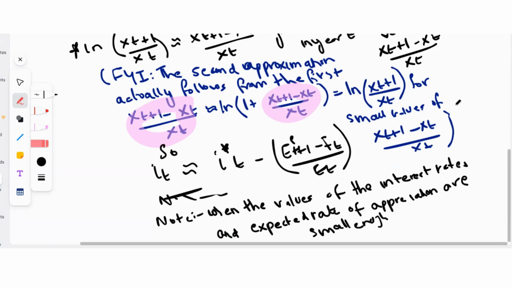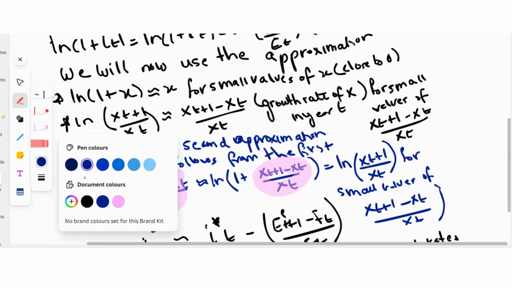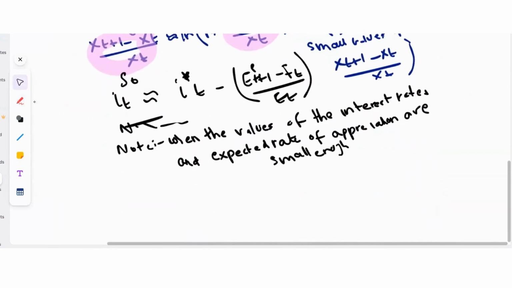When we said for small values, we meant close to 0. These approximations hold for small values, so we mean close to 0 in decimal form. Because we know i_t and i*_t will be percentages, by close to 0 we mean in decimal form.